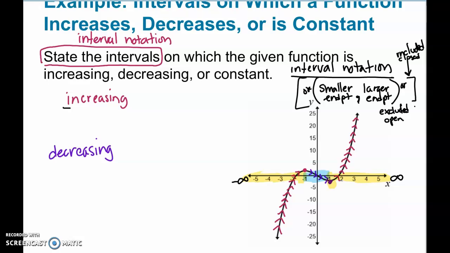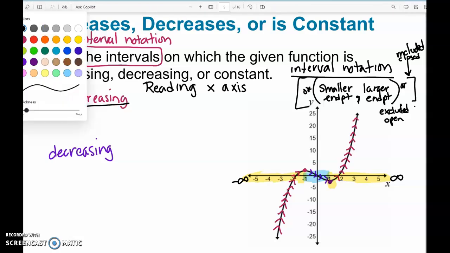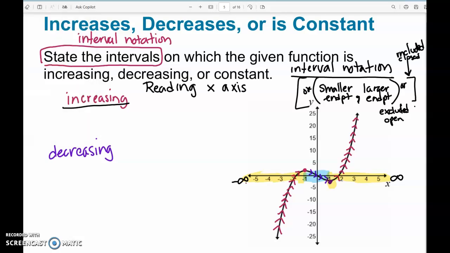Now, increasing. Remember, you are reading the x-axis to give the intervals. Now, for increasing, I see there's two parts, the ones I highlighted in yellow. The smaller endpoint is negative infinity.